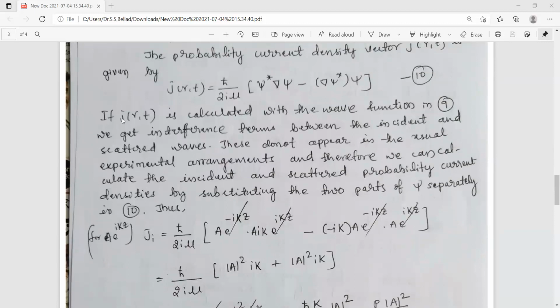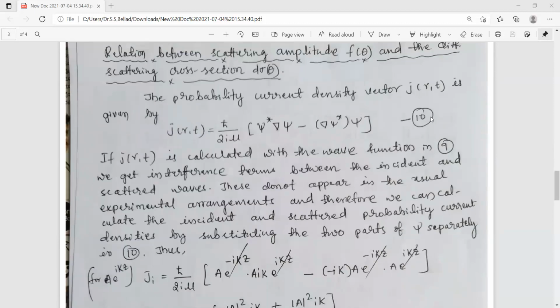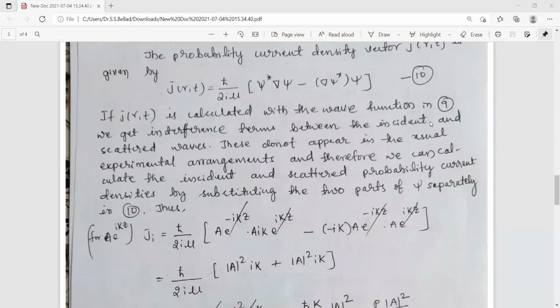So if J of r comma t is calculated with the function in equation 9, which I showed earlier, we get interference terms between the incident and the scattered waves. That means the incoming and scattered waves may interfere with each other.